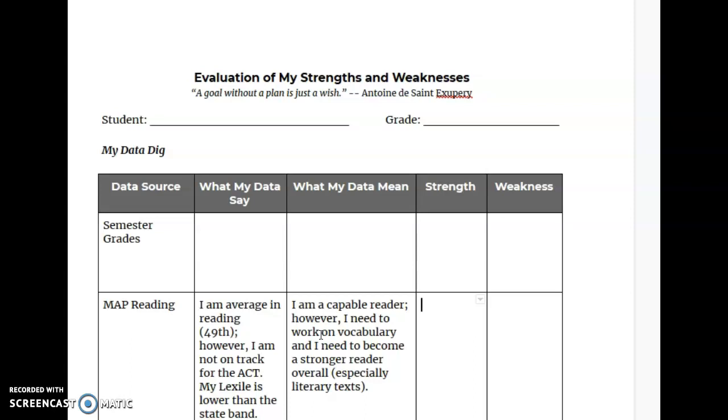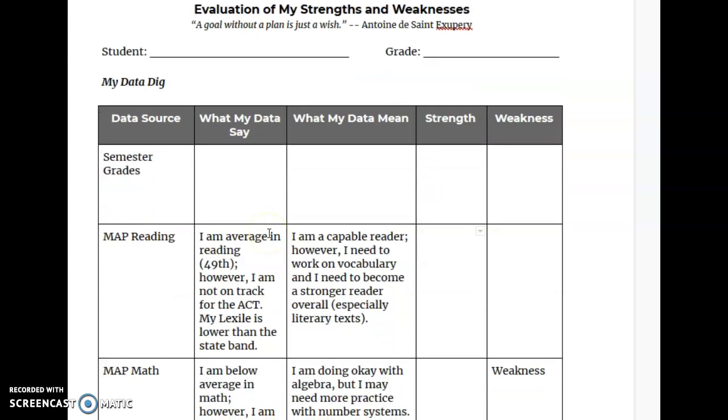So we want to do that today, and tomorrow we want to really spend some time with what your data say so that we can make the best ELT plan for you. And then we're going to talk about how to use that data to set goals, and then how to use your sacred time in ELT to meet those goals during this semester.